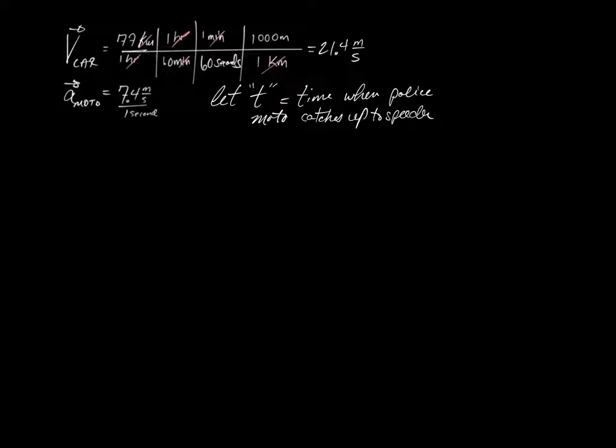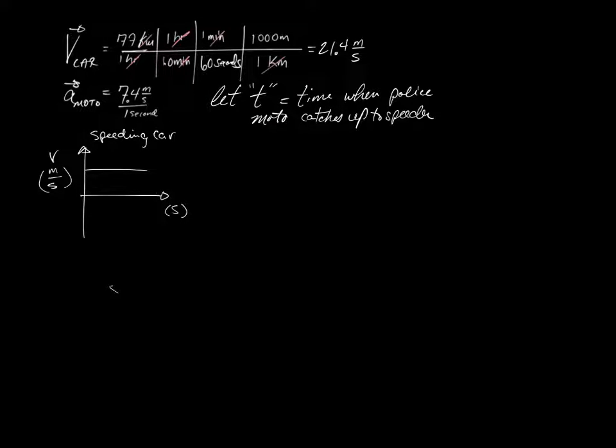Okay, and I'll just sketch a stack of graphs for both. So for the speeding car, here's a velocity graph, meters per second, right? Seconds. And I just have a horizontal line. That's constant velocity. So this is the speeding car.